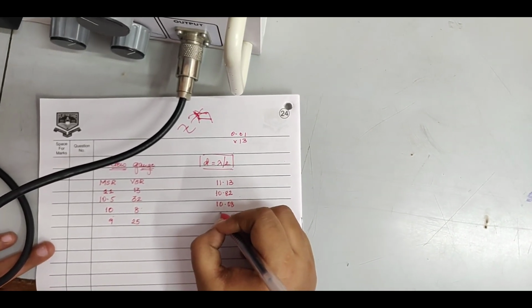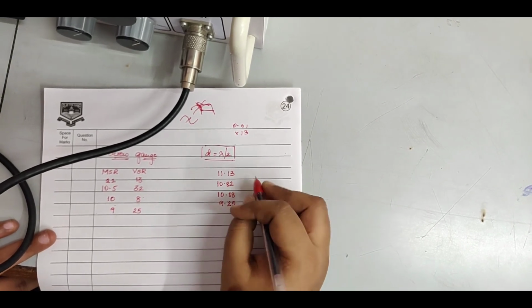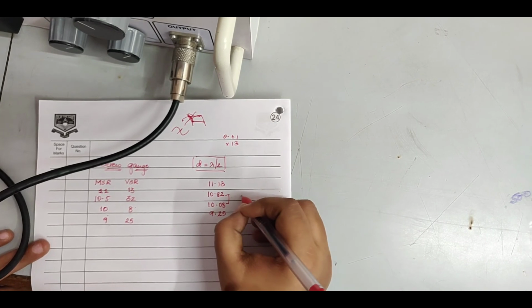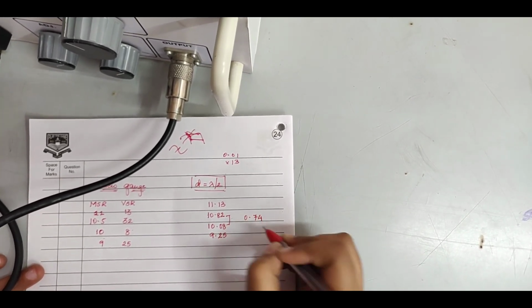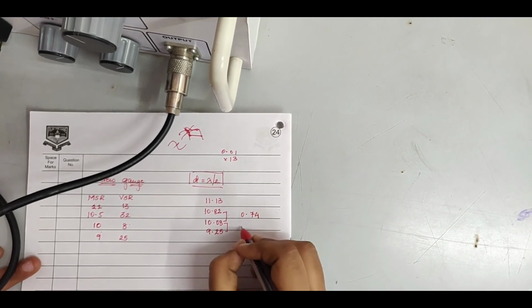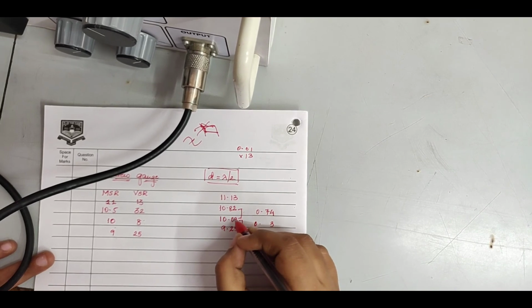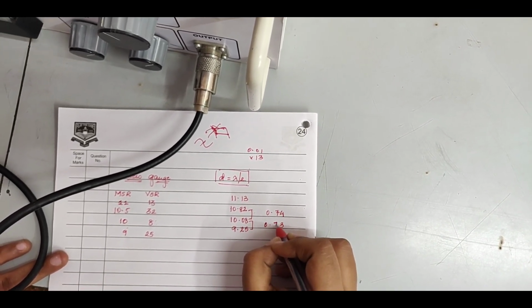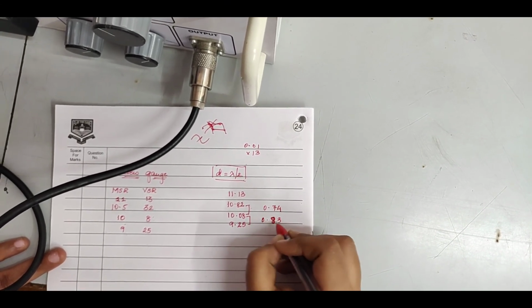The next one is 9.25. So let's calculate the difference in these. This comes out to be 0.74. This comes out to be 0.73. No, 0.83. And so on.